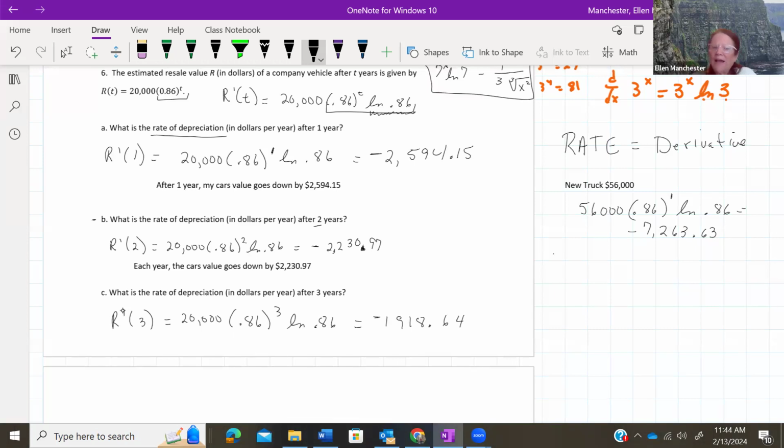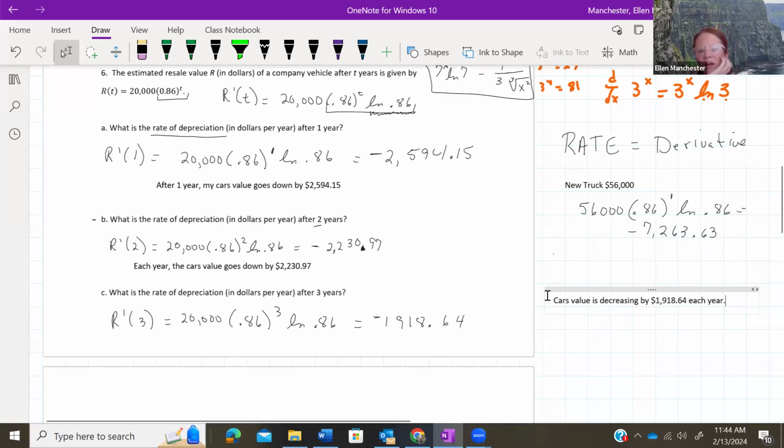So it's dropping less every year that you have it. Okay, so the lesson on this is, it's decreasing by 8.64 each year.